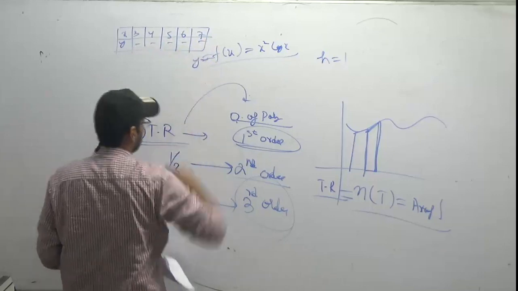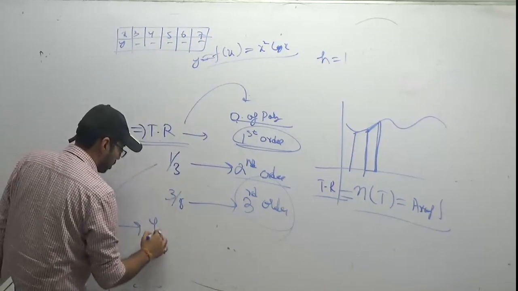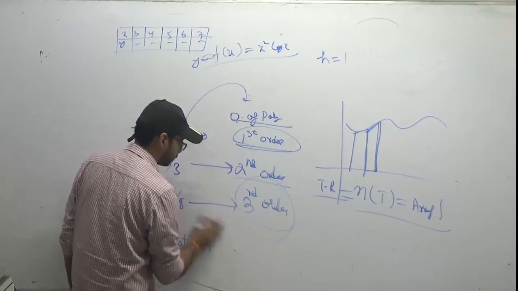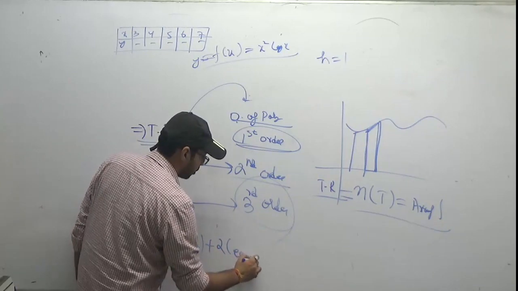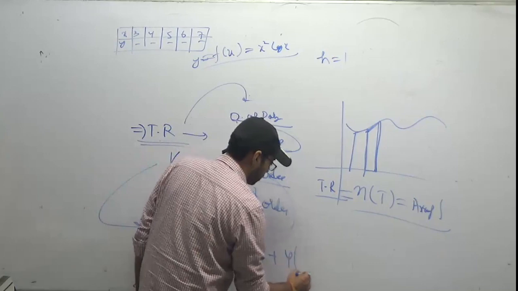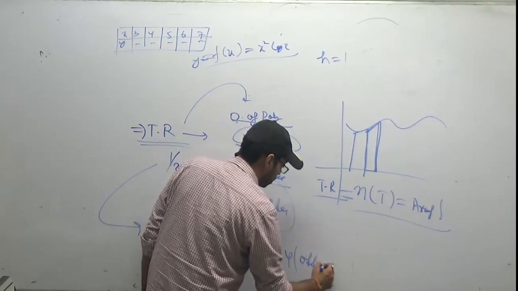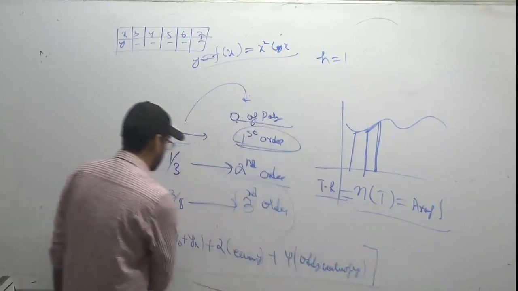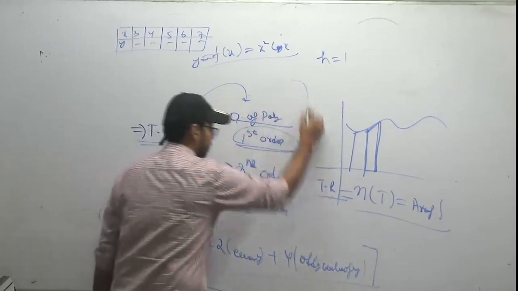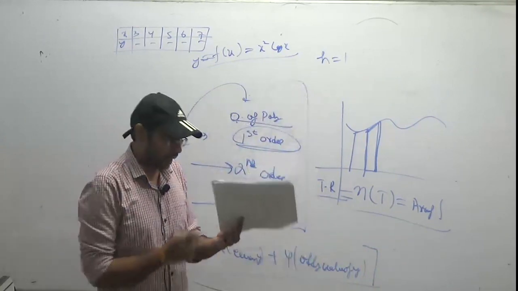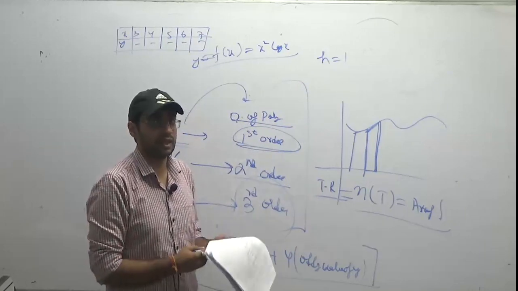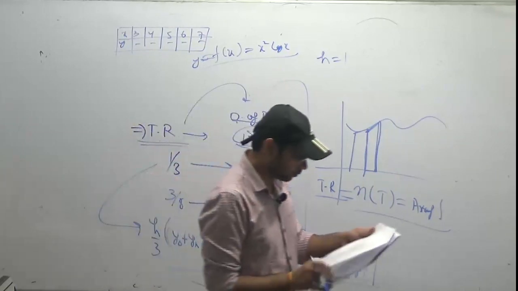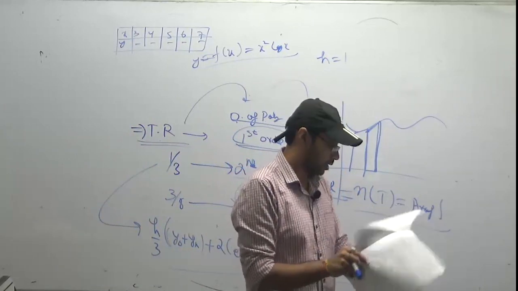So Simpson 1/3 rule gives you h by 3 times y0 plus yn plus twice the even values of y plus 4 times the odd values of y. Solving this, putting in the values of y, you will get the answer. But remember these things. I have discussed this in the numerical methods class. These are the basics. They can ask you. So this completes your question number 37.